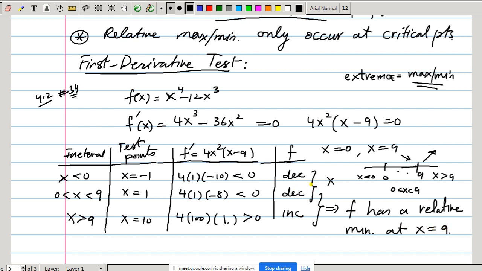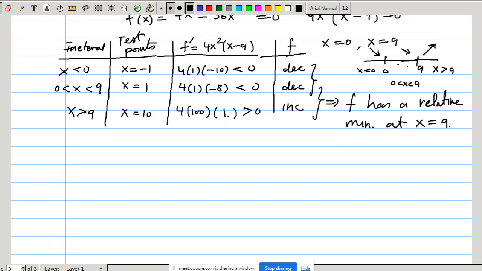I got nothing at 0, so I will not say anything, because before 0 it is decreasing and after 0 it is again decreasing. When it is decreasing on both sides, or increasing on both sides, there is no maxima and no minima. So not all critical points will become maxima and minima. Your function was decreasing, it became constant, again it started decreasing, and then it started increasing.